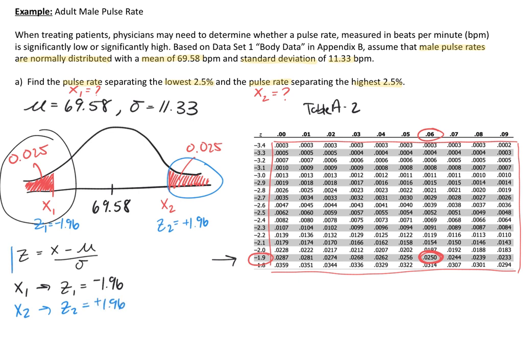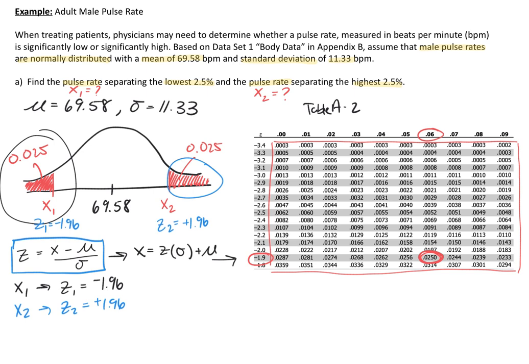So now we're going to take this formula for calculating a z-score. This is called the conversion formula. And we're going to just solve it for x. If I solve it for x, I'm going to write it on the right-hand side here: x is equal to z times sigma plus mu.